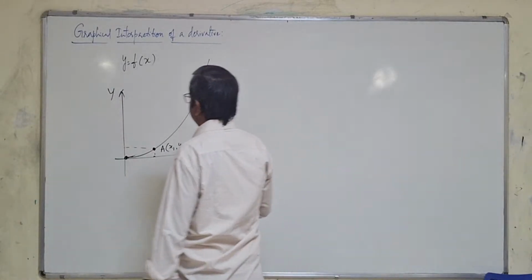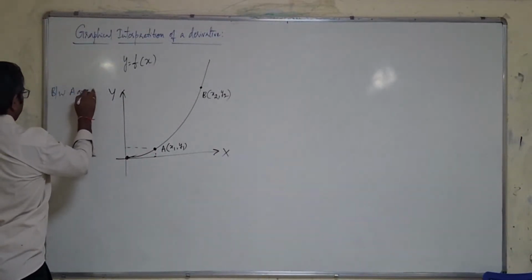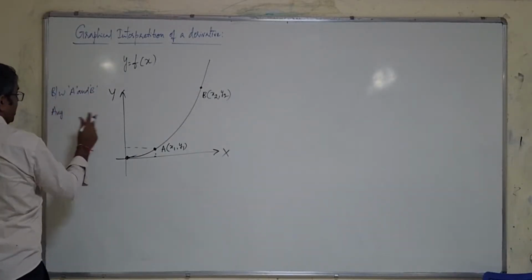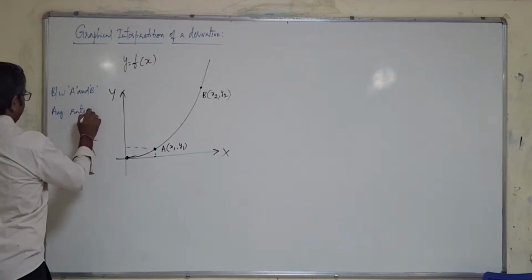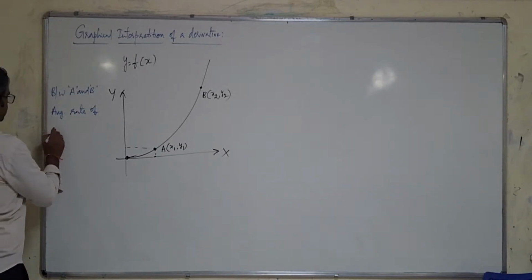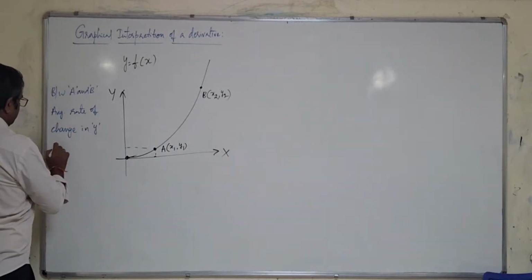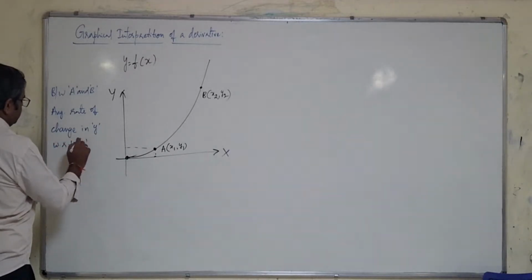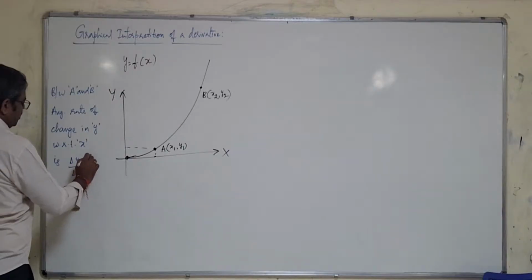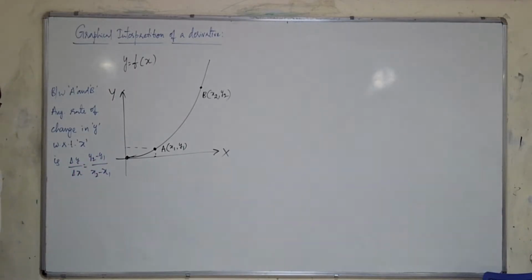Between points A and B, the average rate of change in y with respect to x is delta y by delta x, or y2 minus y1 by x2 minus x1.